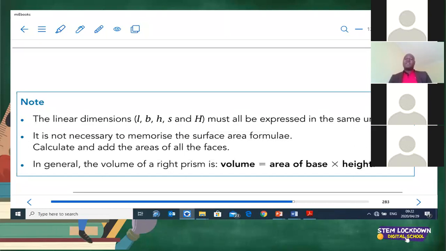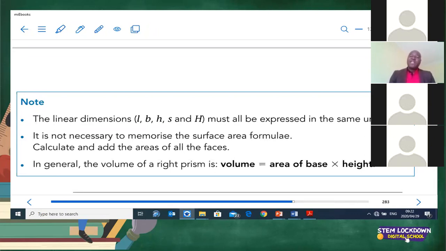There are 6 faces. Each face has got its own area, length multiplied by breadth, and so on and so forth. You have to identify in your cube what is the length, what is the breadth, and what is the height. If it's a rectangular prism like a cuboid, again you identify the length, the breadth, and the height.